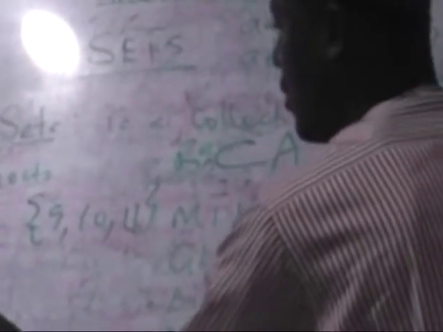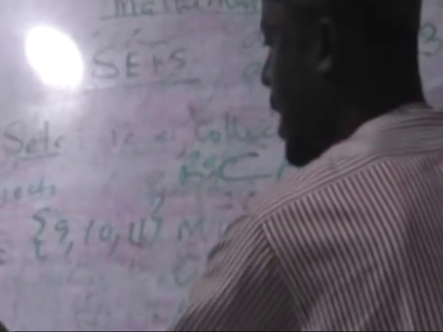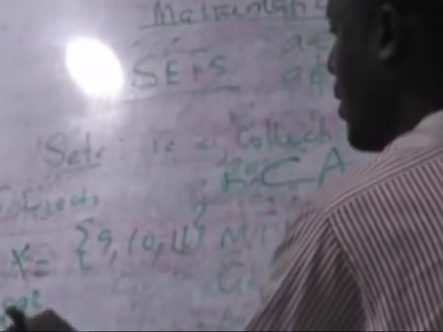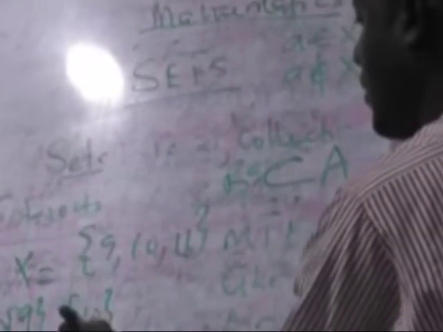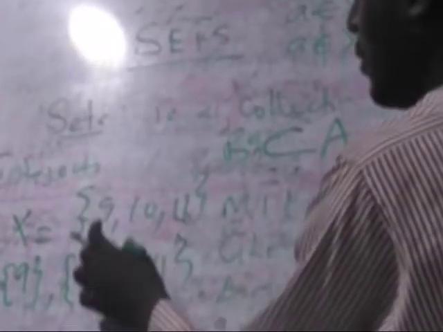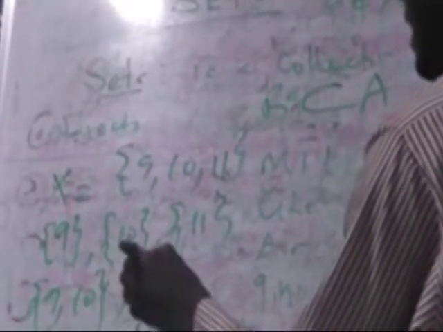Let's take this example. If you have set X with elements 9, 10, and 11, for you to get the subsets of X, you are going to bring the elements out one after the other. One is 9, the other subset is 10, then the next one is 11, then you take them 2 by 2. The next one will be 9 and 10. The next subset will be 9 and 11.